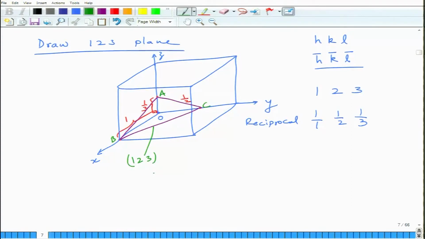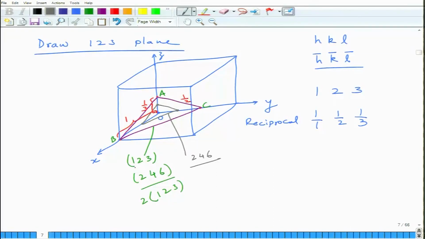If you want to draw now, let us say 2 4 6, which is nothing but 2 into 1 2 3, you can see 2 4 6 will be a parallel plane. So, 2 4 6 will have half intercept along x, quarter intercept along y and 1/6 intercept along z, and if you connect these 3 points, this will be 2 4 6.